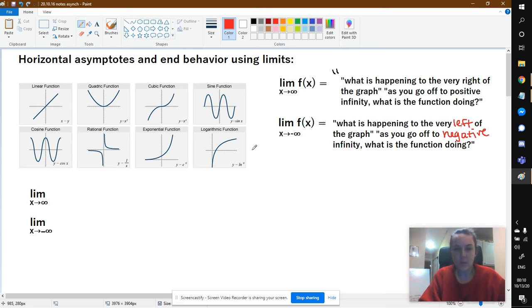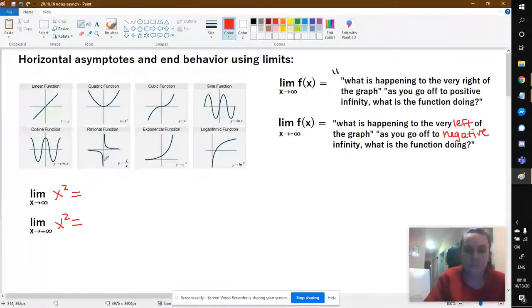Okay, let's do some examples of this notation. What is the limit as x approaches infinity of x squared, and what is the limit as x approaches negative infinity of x squared? We're looking at this parent quadratic function.